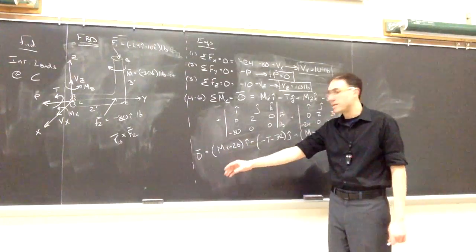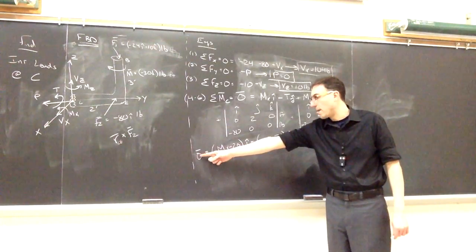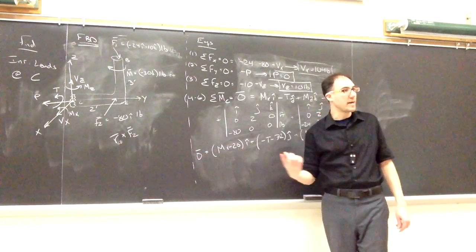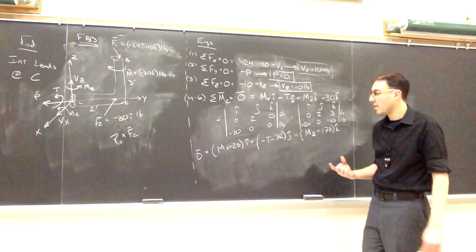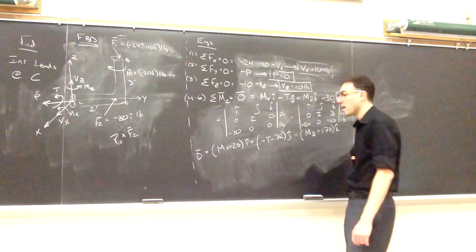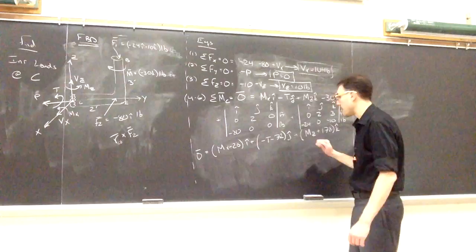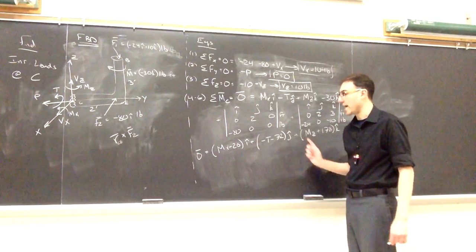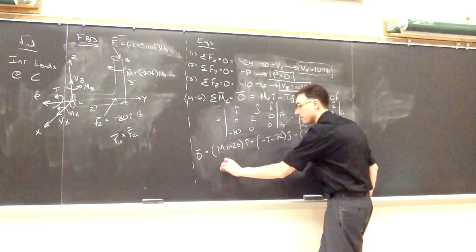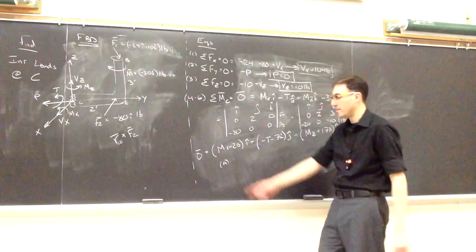This vector equation is equal to 0i, 0j, 0k. So remember, I take this vector equation and I split it up into 3 scalar equations because individually I set each of my coefficients i, j, and k equal to 0. And that gives me equations 4, 5, and 6.